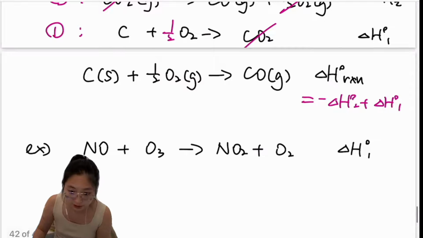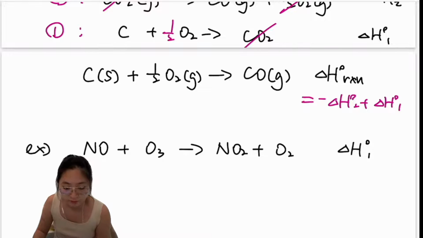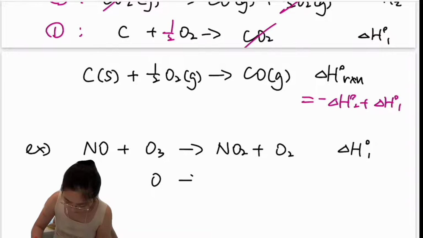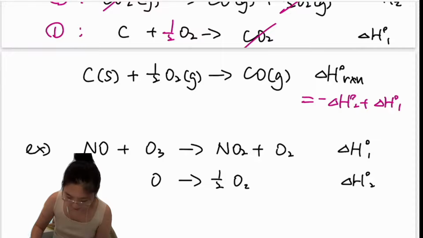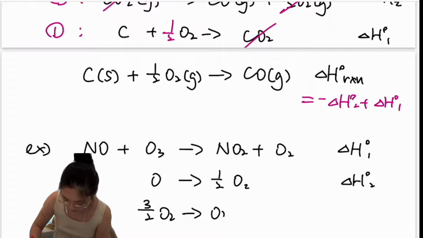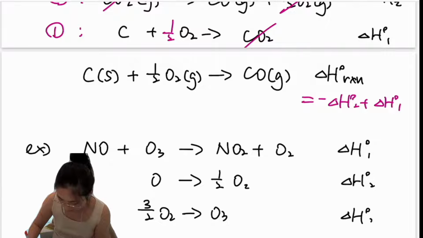For the second reaction, let's say 1 mole of just oxygen atom forms 1/2 of the oxygen gas molecules. Let's say this is delta H2. And then the last one is 3/2 moles of the oxygen gas converts into ozone. Let's say this is delta H3.